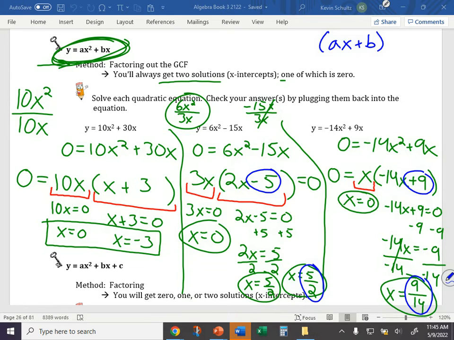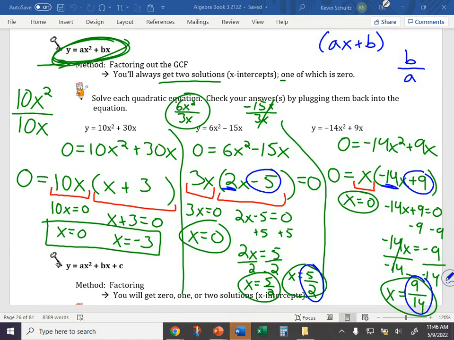The numerator. And what position does this number end up having in our final answer? The denominator.